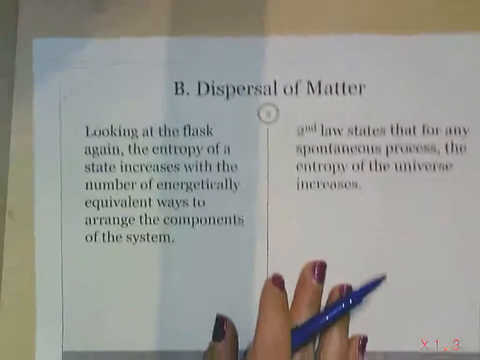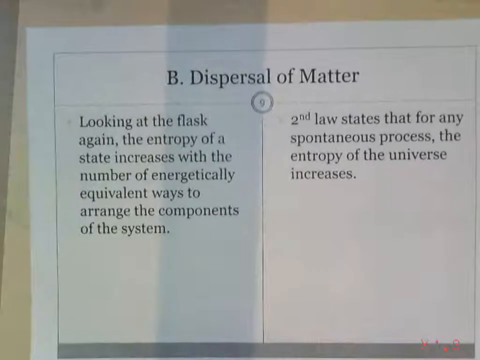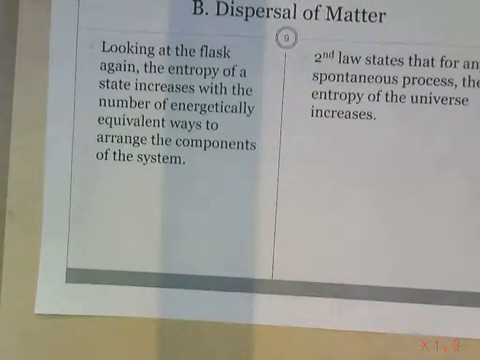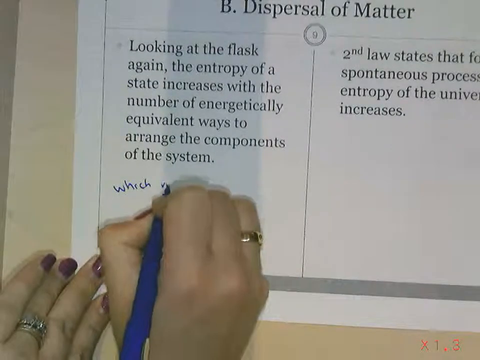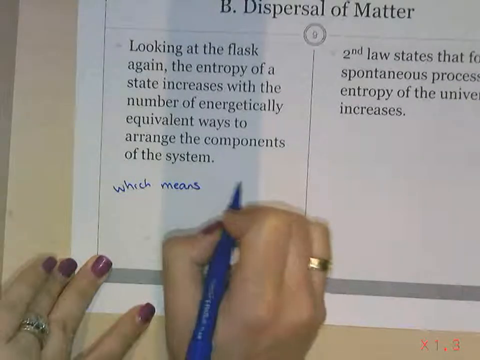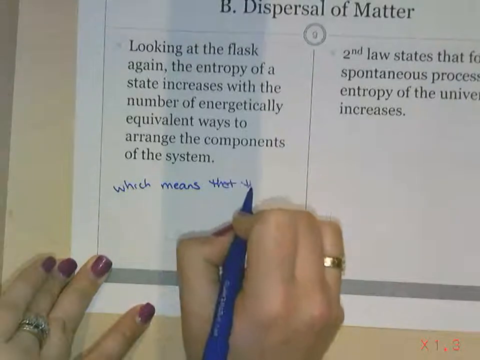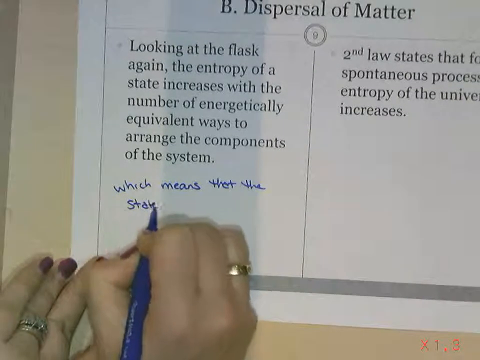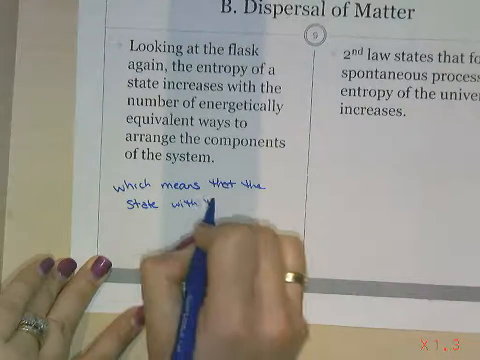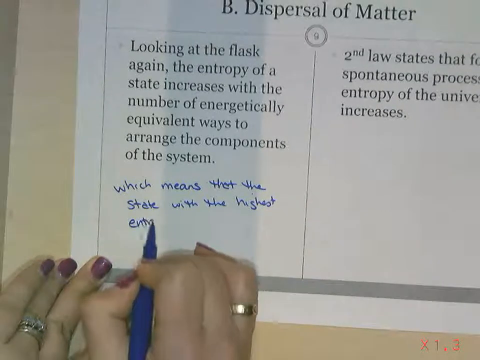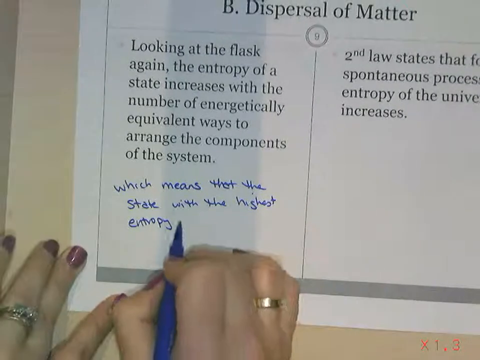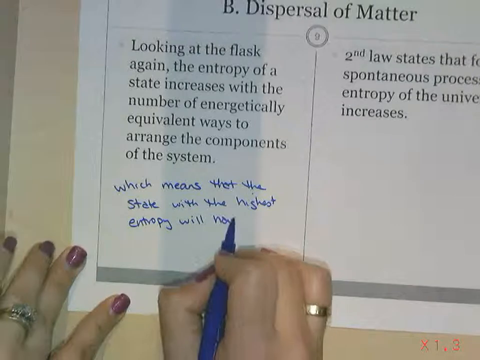So the entropy increased with the number of ways to arrange the system, which means that the state with the highest entropy will have the greatest dispersal of energy.